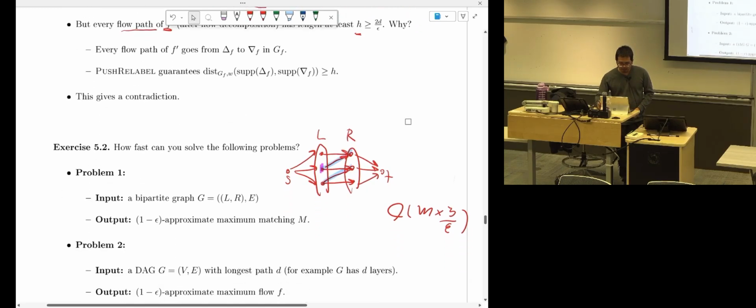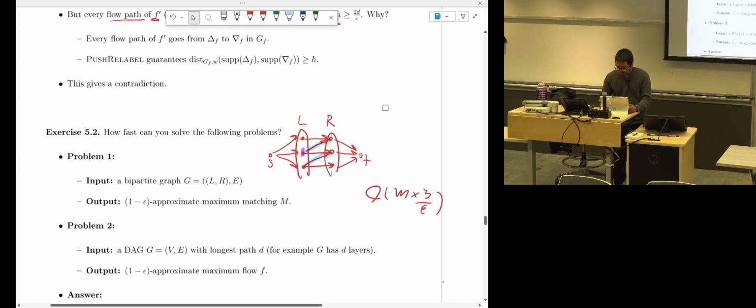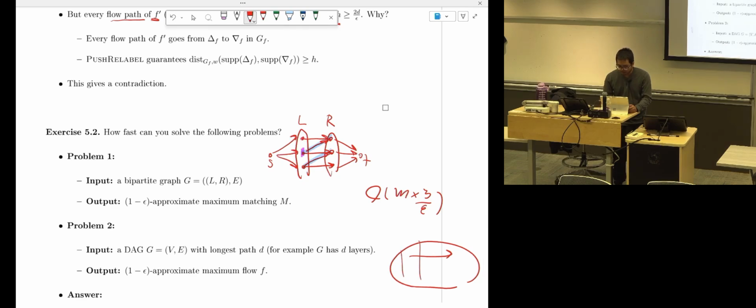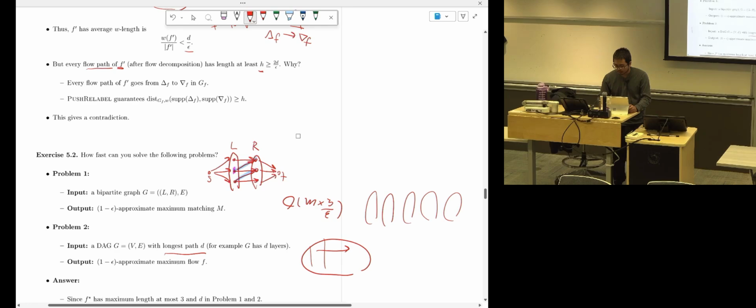And in general, say you have some DAG that goes in one direction, and let's say that the longest path is D. Or for example, it has D layers like this. And this is S, this is T, right?